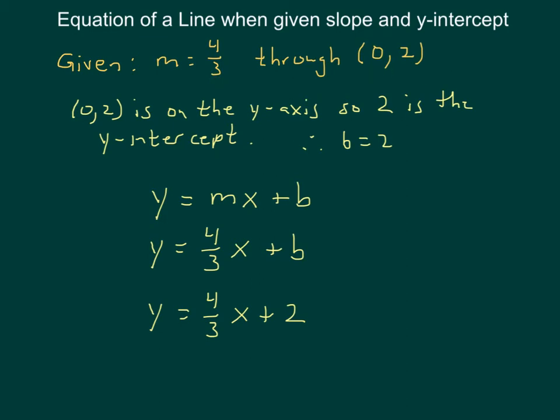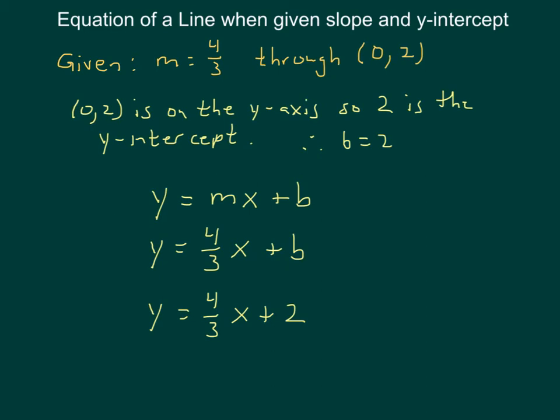When you have an x-coordinate of 0, that means the number right there is the y-intercept. So I know the point (0, 2) is on the y-axis, so 2 is the y-intercept of this line, and therefore b is equal to 2.